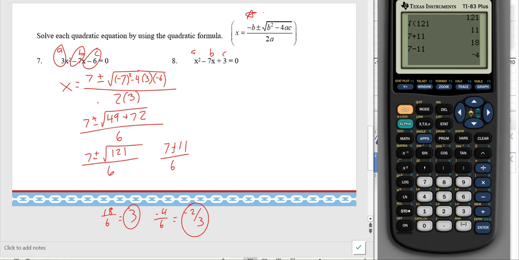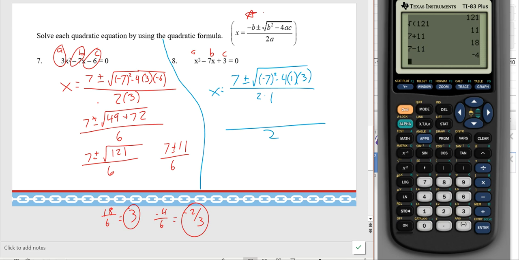A, B, C. Change colors just since they'll be so close together. Okay, so x equals -b plus or minus square root of b squared minus 4 times a times c all over 2a.